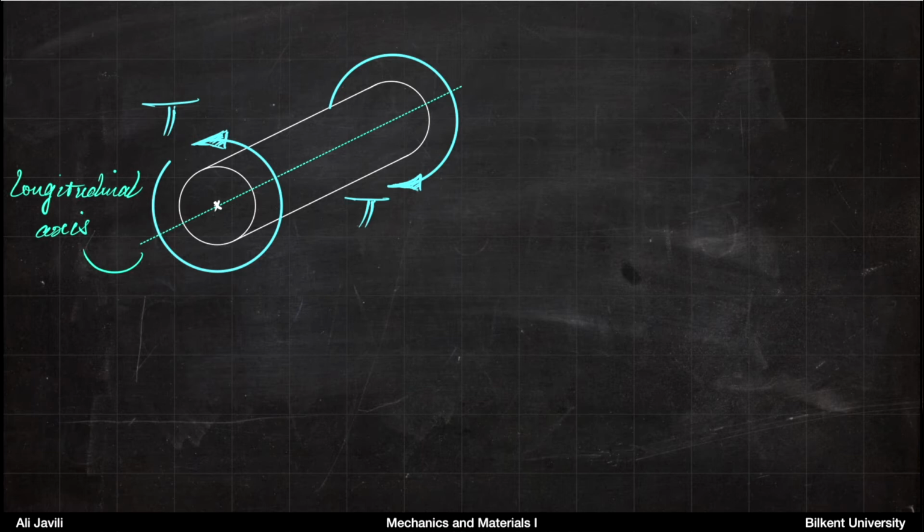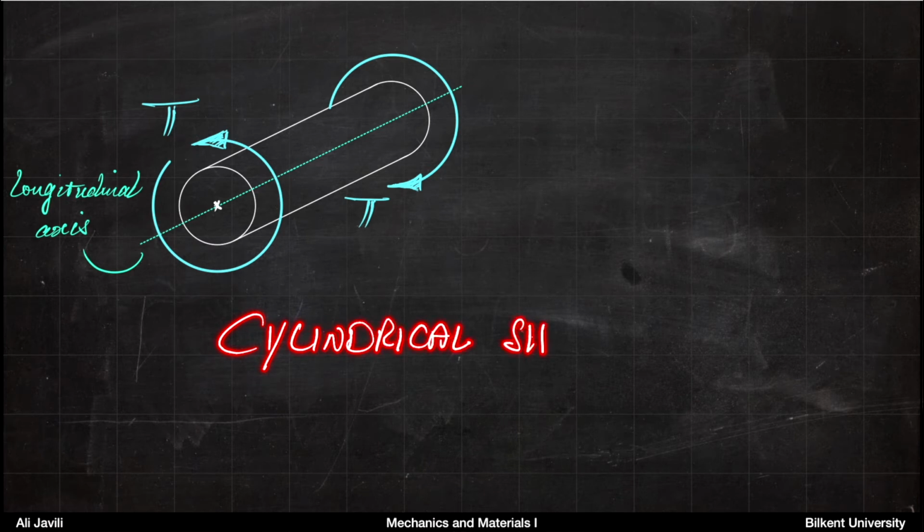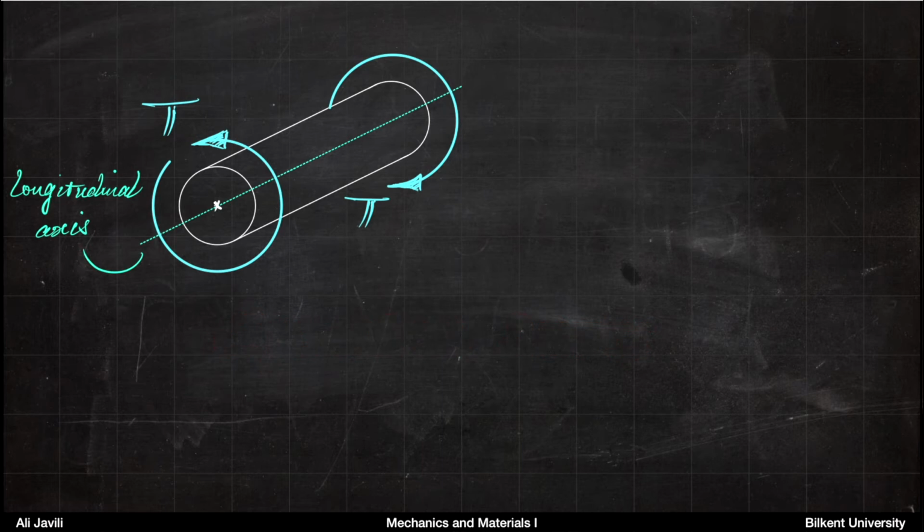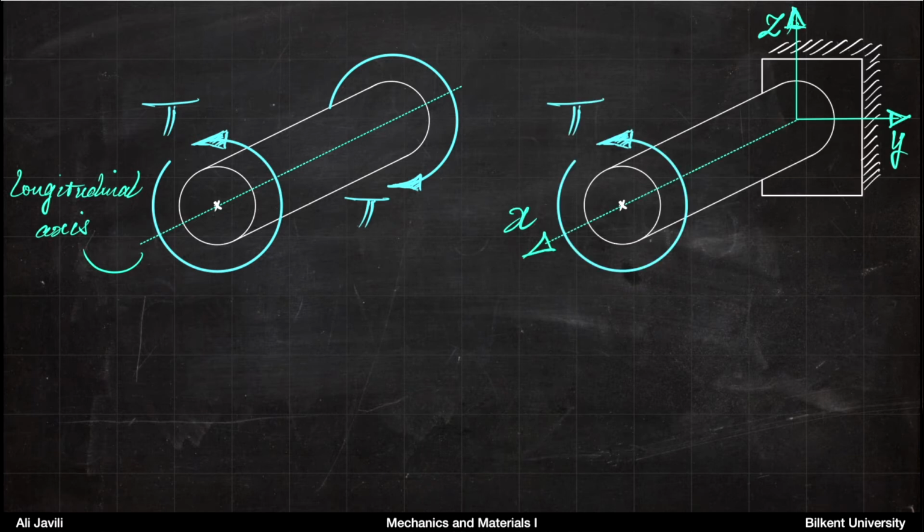And as I mentioned before, we are only interested in cylindrical members or cylindrical shafts for the majority of these lectures. All right, so what we want to do is to calculate how much twist we get because we apply this torque.